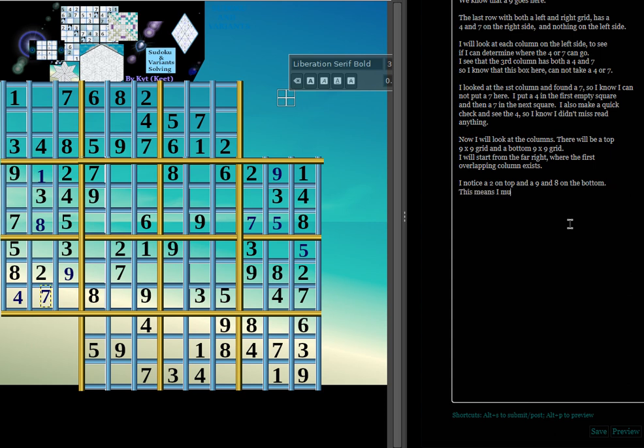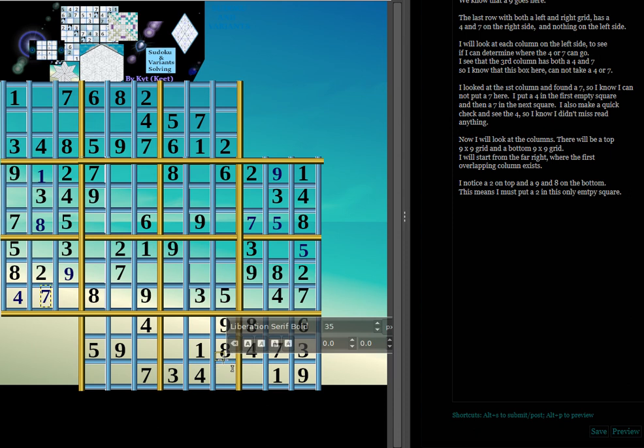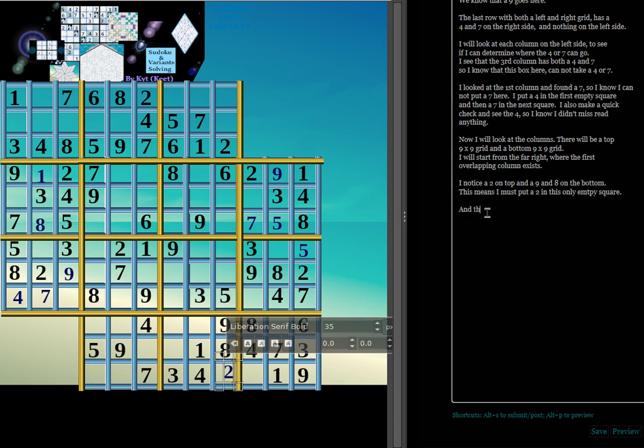This means I must put a 2 in this only empty square. And that I must put a 9 and 8 up here in some order.